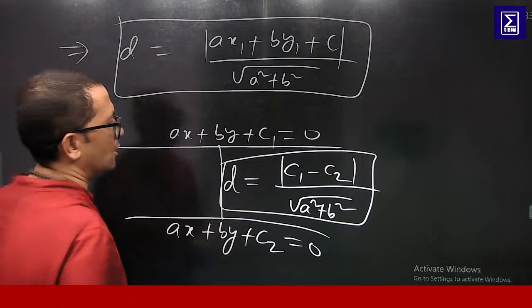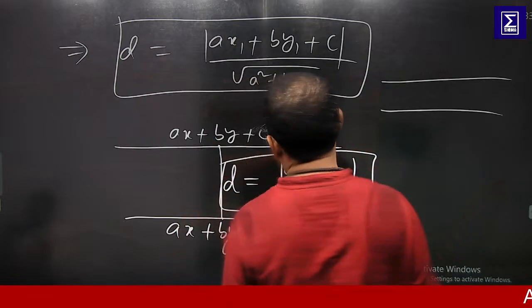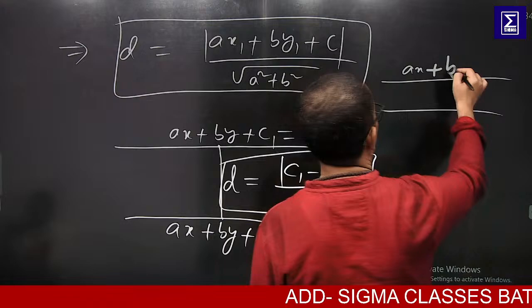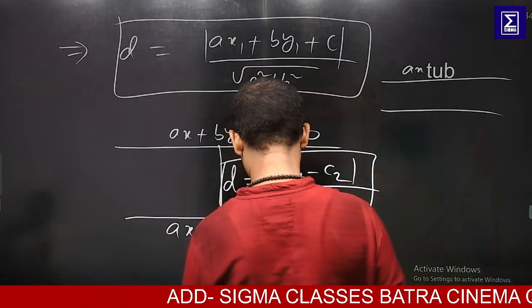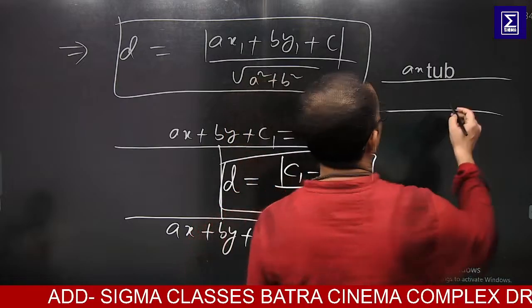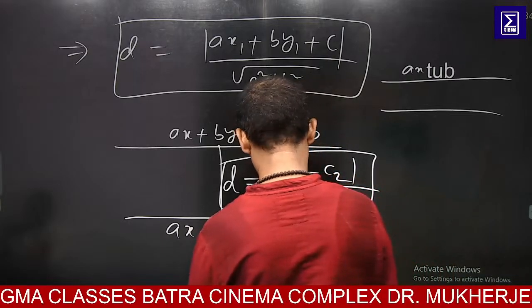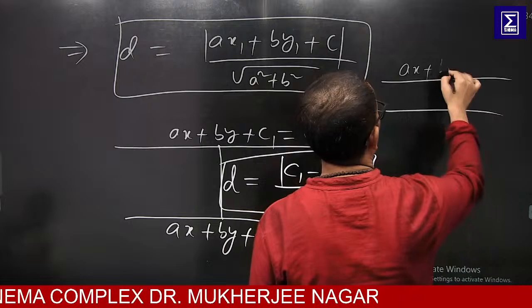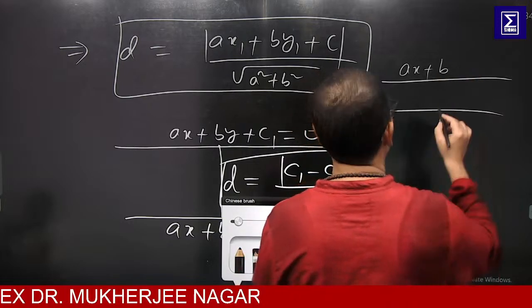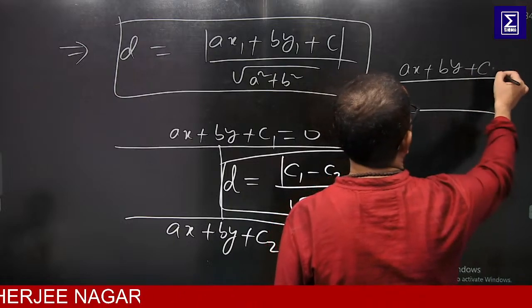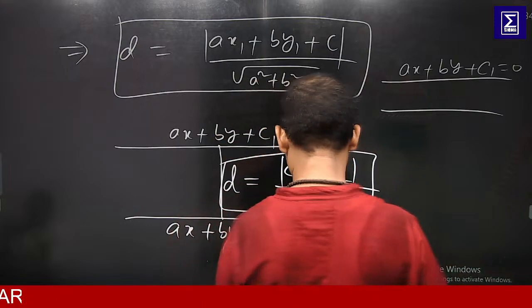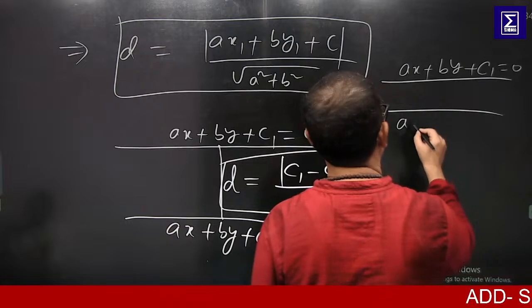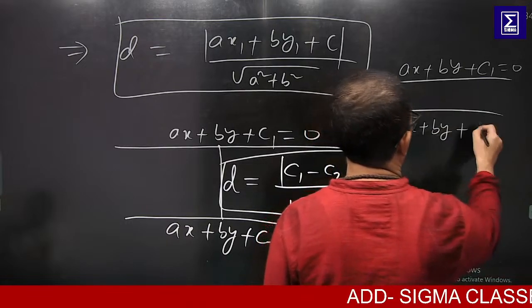It's quite easy. Let the two lines be there: AX plus BY plus C1 is equal to 0, and here it is AX plus BY plus C2 is equal to 0.